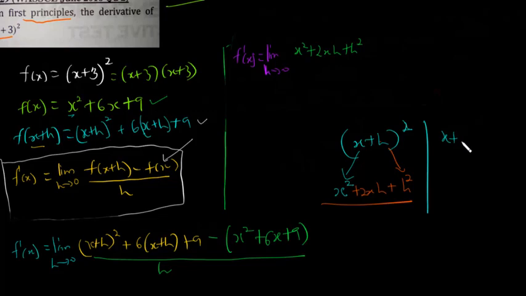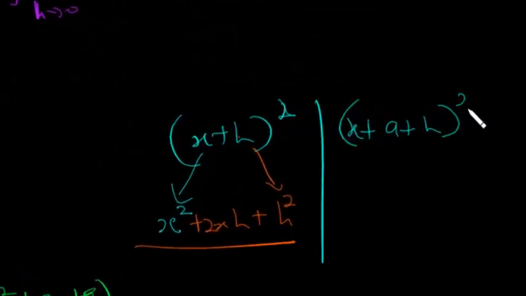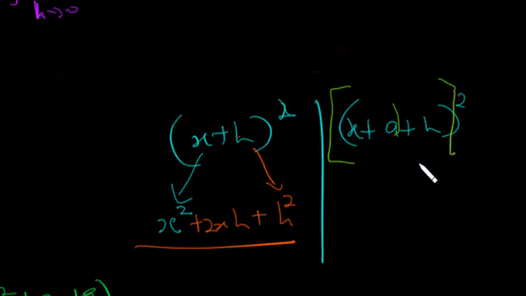If you have even 3 terms here, like x plus, say, a plus h all raised to the power 2, you can even expand this. You just have to be a little bit proactive here. You can group the x plus a as one term, so you put the whole of this into square brackets, so you have x plus a as one, then plus h.